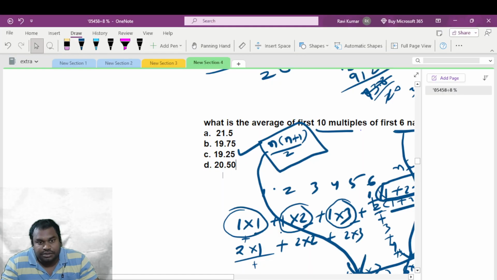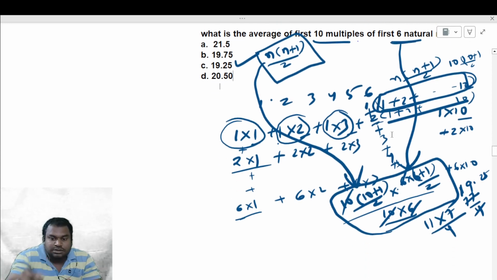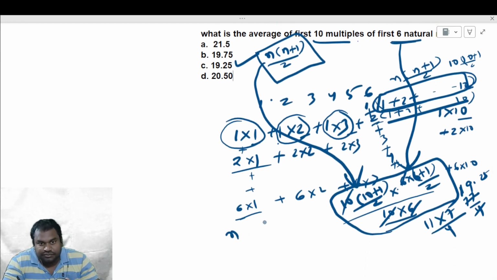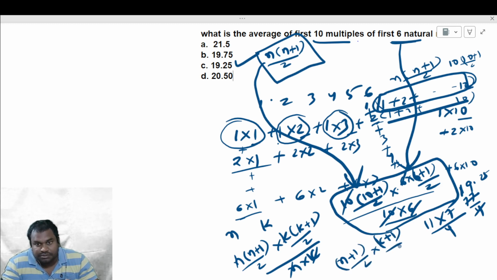The formula you can use is n into n plus 1 by 2 into k plus 1 by 2, divided by n into k. Anyway, n and k get cancelled, so it can be shortened to n plus 1 by 2 into k plus 1 by 2. This is the formula you can use to get the answer.